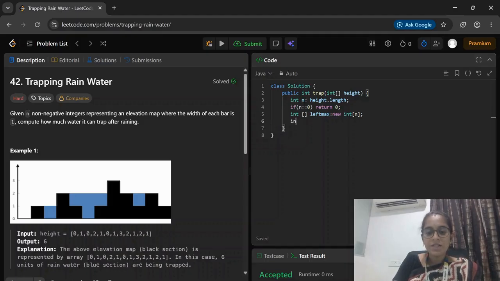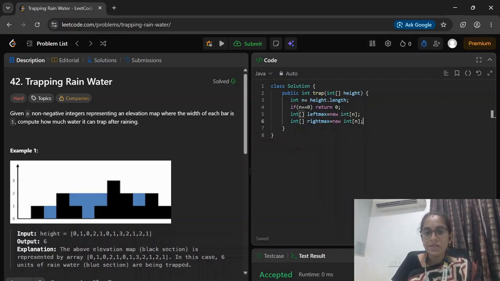Same as that, we calculate the right maximum: right max equals new array of n length, right?